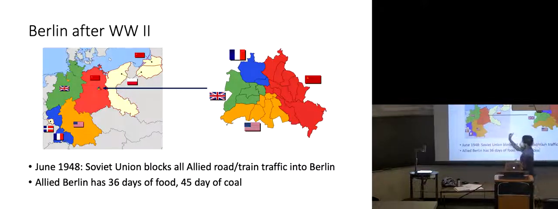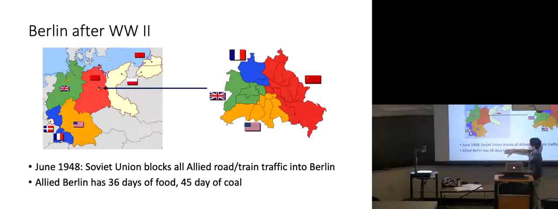What was surprising is that Berlin is this island inside the Soviet part, and Berlin was itself divided into four parts. For those of you who remember, I guess this is before your time, but it was definitely in my time, there was East Berlin and West Berlin. This picture is West Berlin, and that red part is East Berlin. This is how they had divided right after World War II.